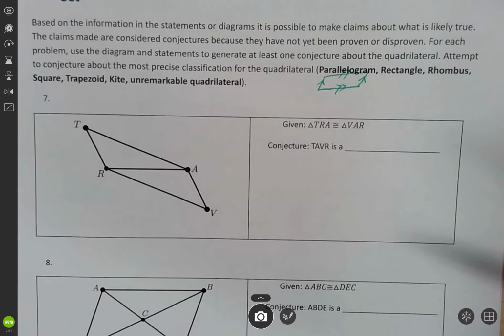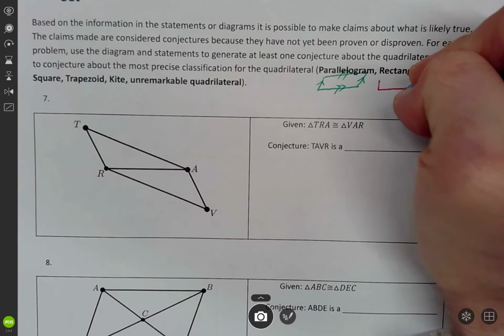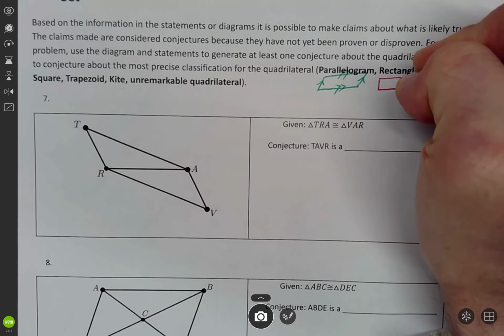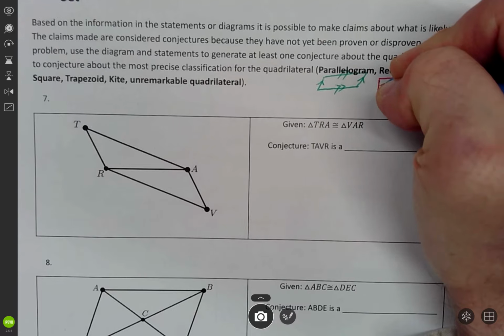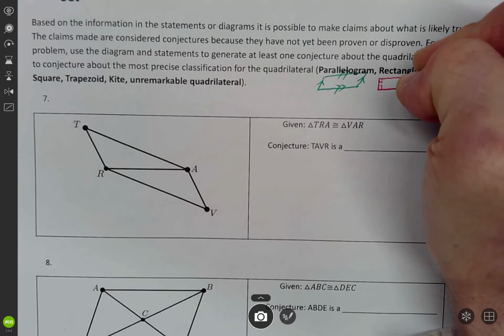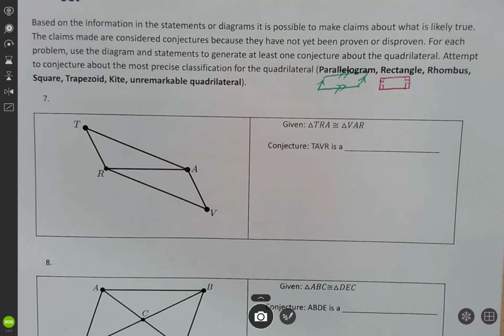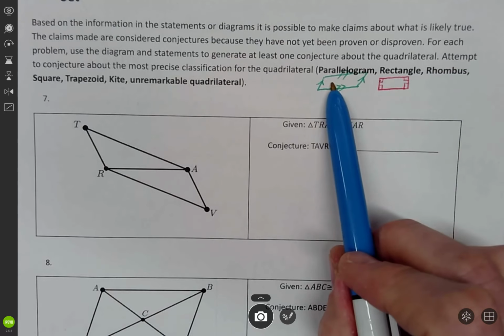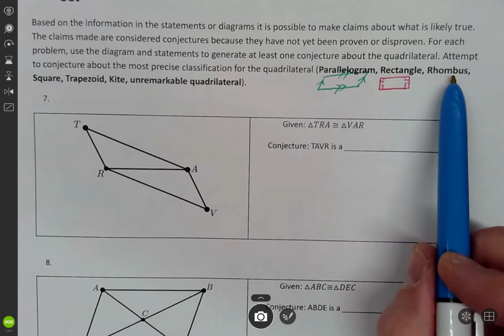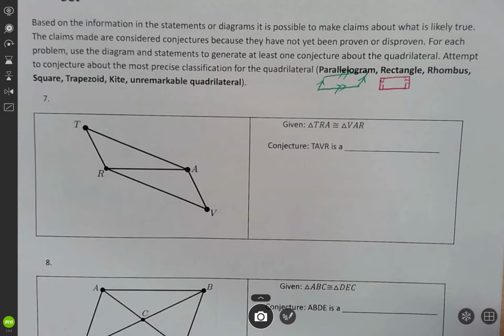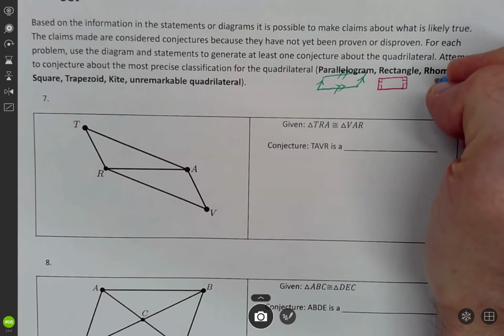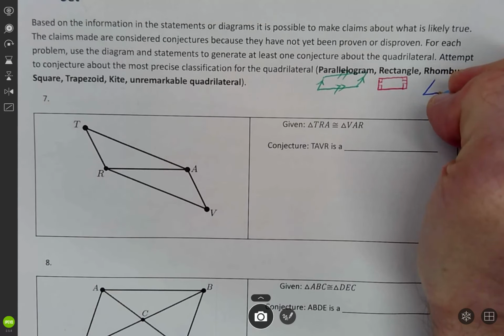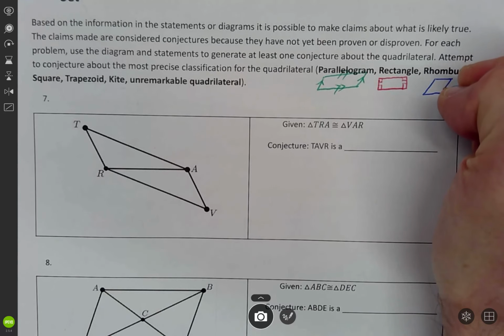A rectangle is a quadrilateral that has 4 right angles, and it doesn't make any claim about whether the sides are the same length, although one of the properties is that opposite sides will be equal. Rectangles are a special kind of parallelogram. So is a rhombus. In a rhombus, we know for sure that all 4 sides are congruent. We don't know in particular about the angles.